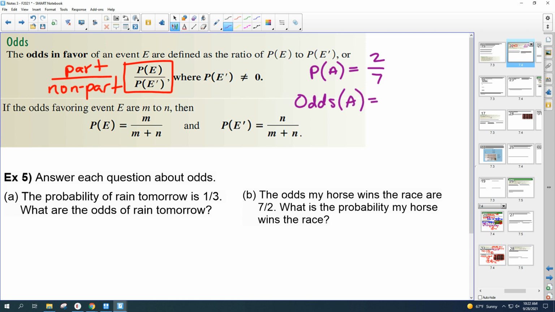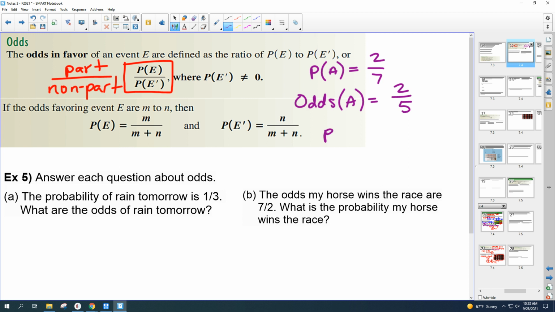If the probability of an event A is 2/7, then the odds are 2 to 5. And think about where that 5 comes from. 2 is the number of things that happen that I'm talking about. 5 is the number of things that I'm not talking about. 2 plus 5 happens to add up to 7, right?